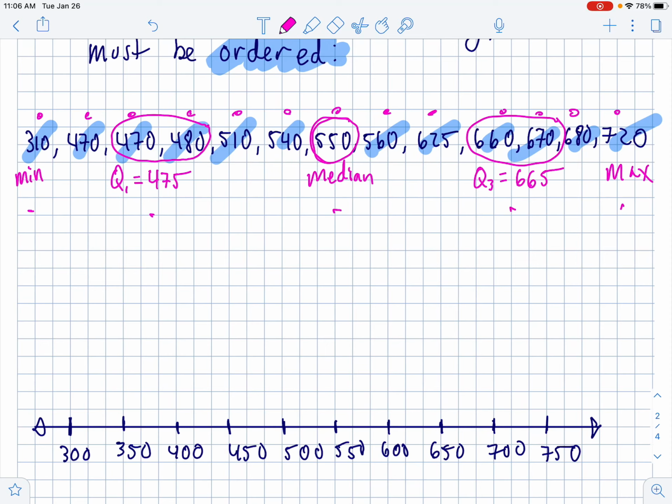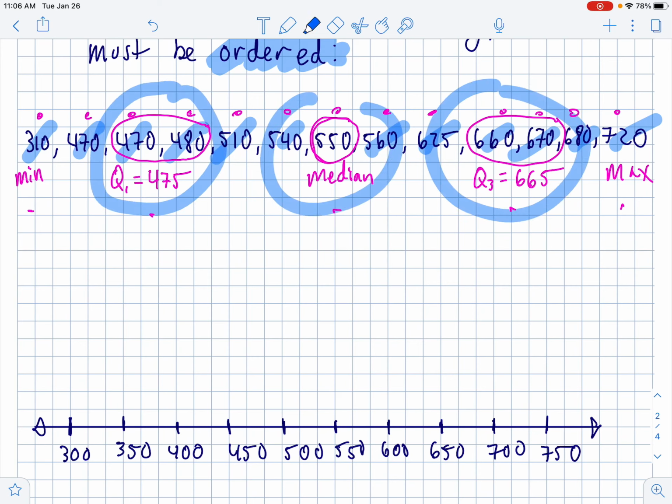Let's take that 5-number summary and translate it into a box plot. Remember that you put, well, let's start with Q1, Q3, and the median. You just put vertical bars where these things occur. So right above 550, I'm going to put a bar. Right above 665, I will put another bar, so that's halfway in between these 2 things.